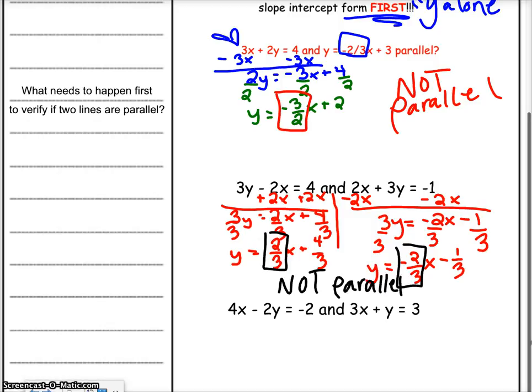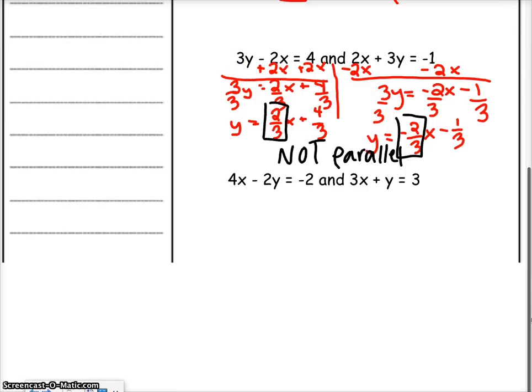Oh man, last one. Have to get y alone on both. So subtract 4x.